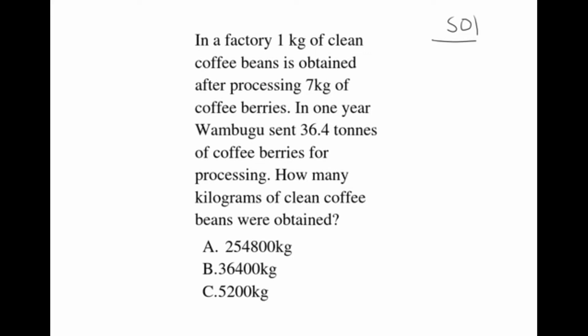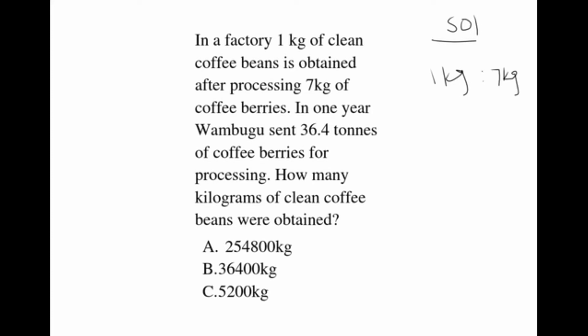Therefore, we are told that in this factory, 1 kilogram of clean coffee beans is obtained after processing 7 kilograms of coffee berries. We can say 1 kilogram is to 7 kilograms.